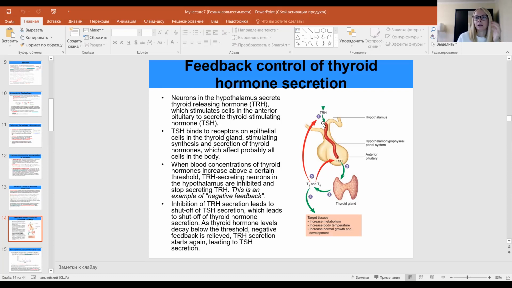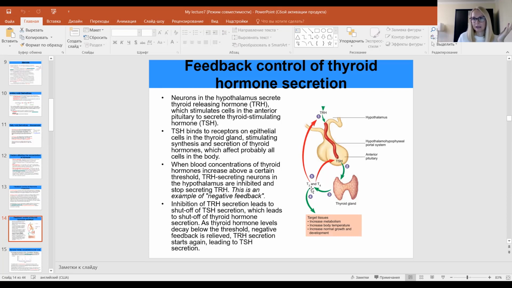If TRH is synthesized in great amount, it affects the pituitary gland in a stimulatory way to release more TSH, thyroid stimulating hormone. A greater amount of TSH has a stimulatory effect on the thyroid gland to release more T3 and T4.